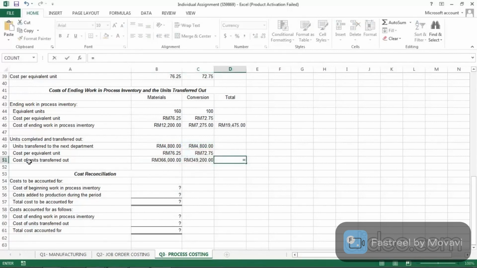And get the total cost of units transferred out. 366,000 plus 349,200.